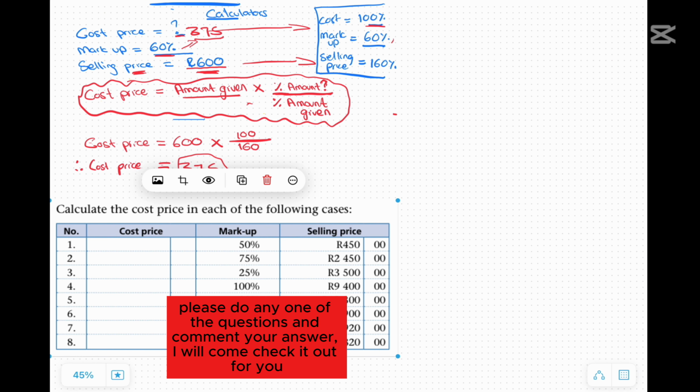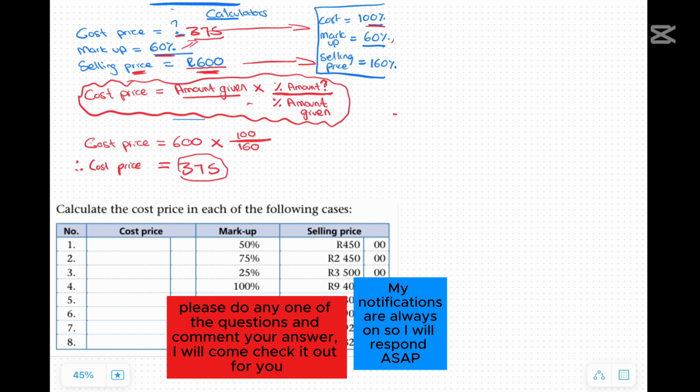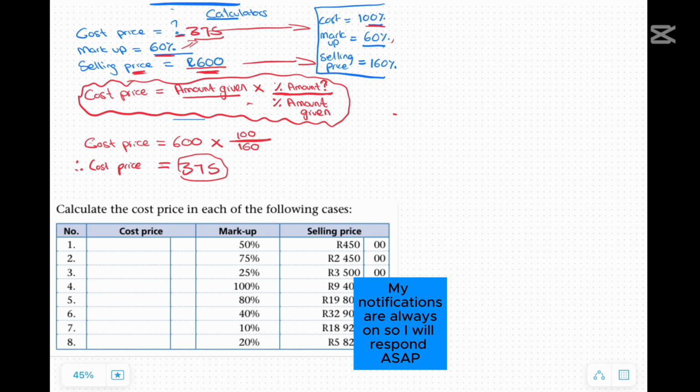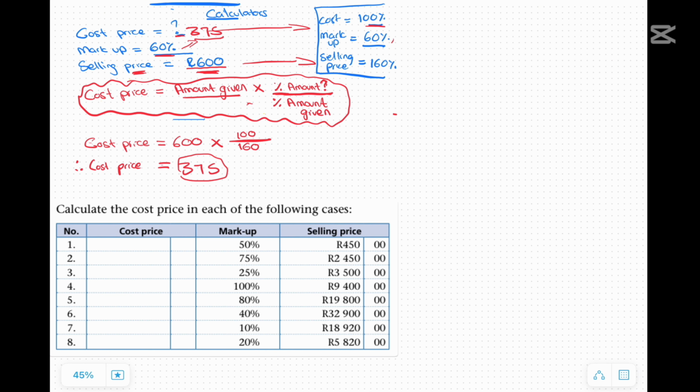So I'm just going to do one of these for you. The rest, please make sure that you do them yourself and you comment down below the answers. So the first one says cost price is missing, as we can see. And then the markup that has been given to us is 50%. The selling price is 450.